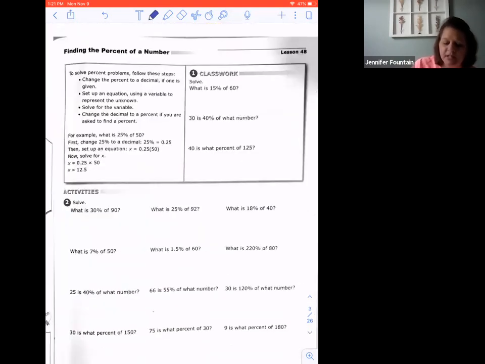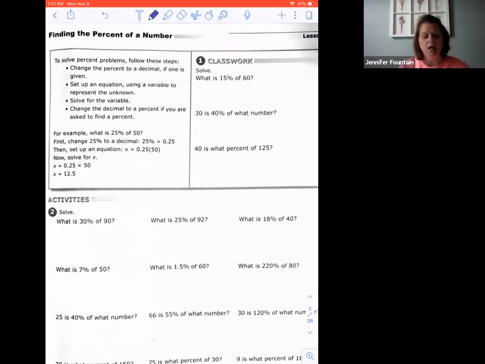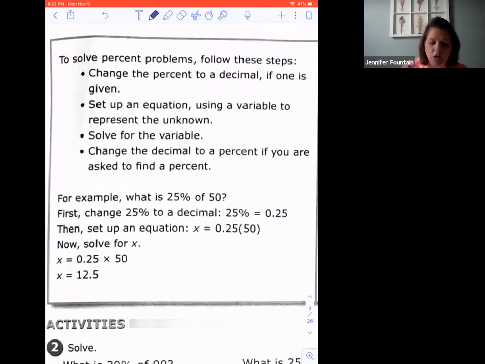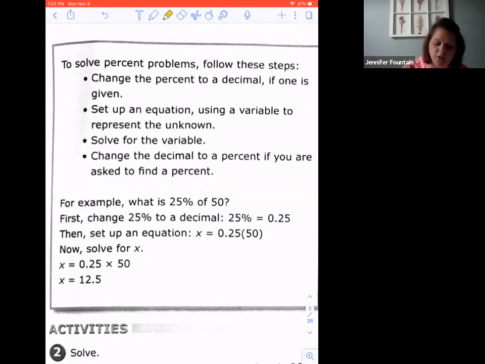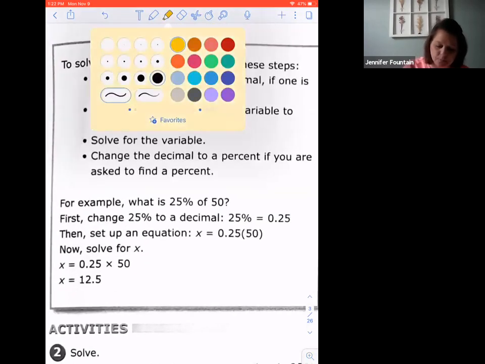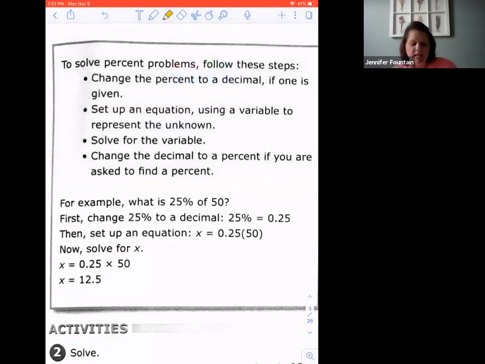The next section is finding the percent of a number. Okay, so finding the percent of a number. It says to solve percent problems, follow these steps. Step 1 will be to change the percent to a decimal if one is given.